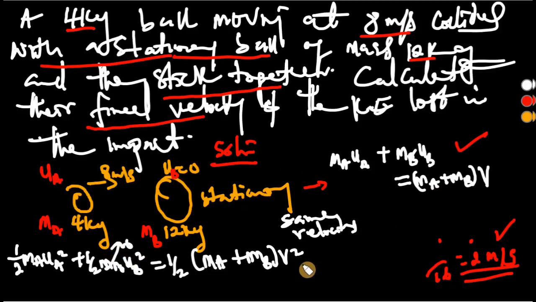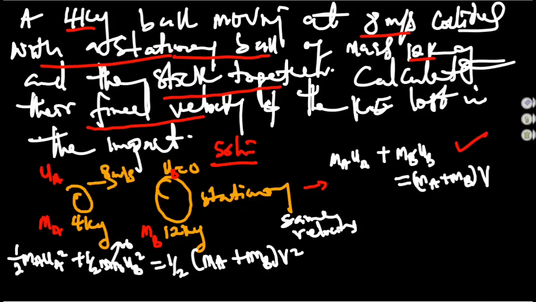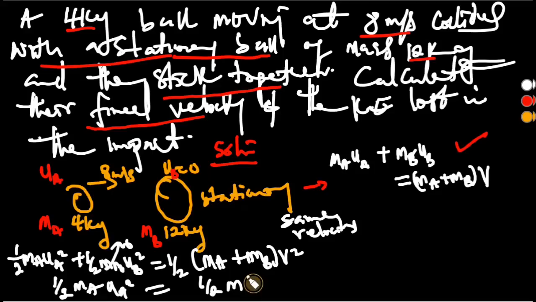The common velocity we shall be using is this 2 meter per second. So our formula condenses to half ma ua square equals half (ma plus mb) v square.